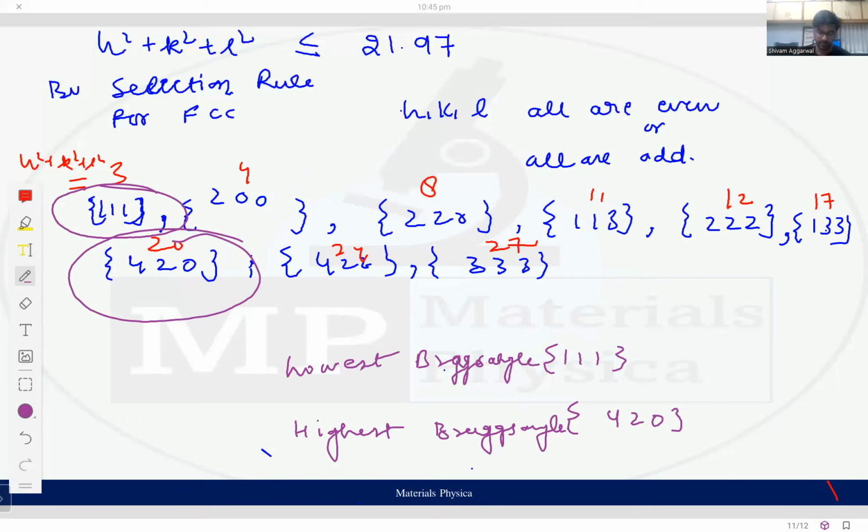This is the manner in which we get the value of Bragg's angle.